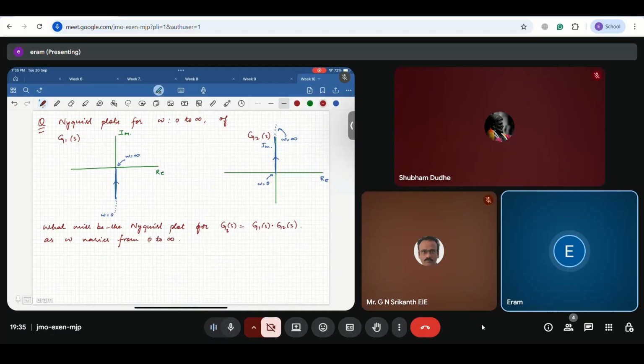For g1 and g2, the Nyquist is given to you. You have to find out how the Nyquist will look for g3, which is the multiplication of these two transfer functions.